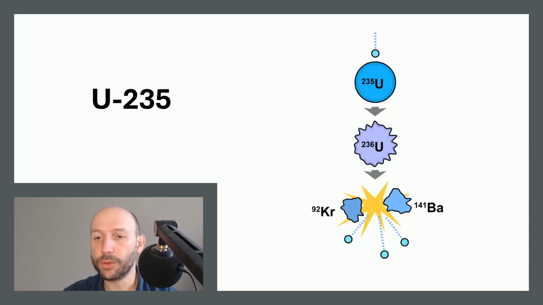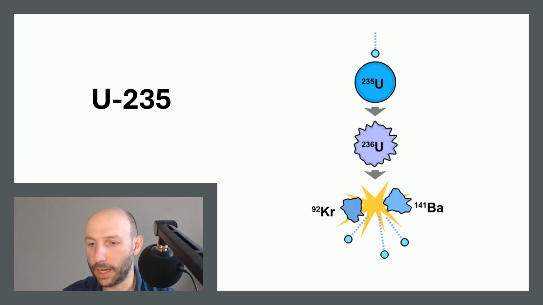See, uranium-235 can take part in a process of fission, which means it can be broken apart into two smaller elements. If a neutron hits uranium-235, then that neutron can actually break apart the uranium-235 atom.